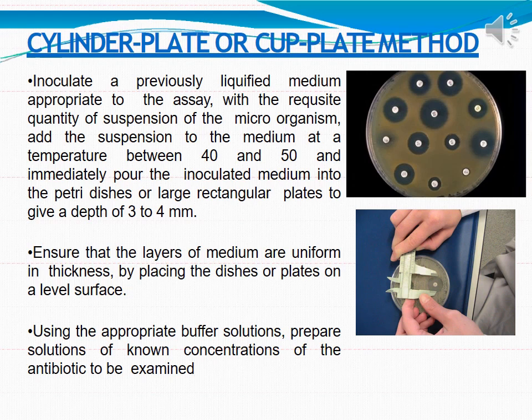Now we take the nutrient agar which is still hot, that means it is still in the liquid state, present in a conical flask. In this you add the selected microorganisms.